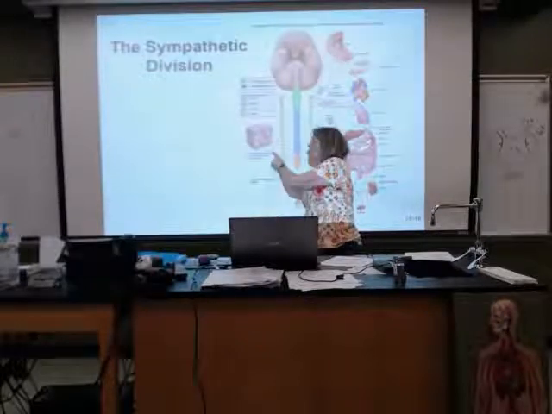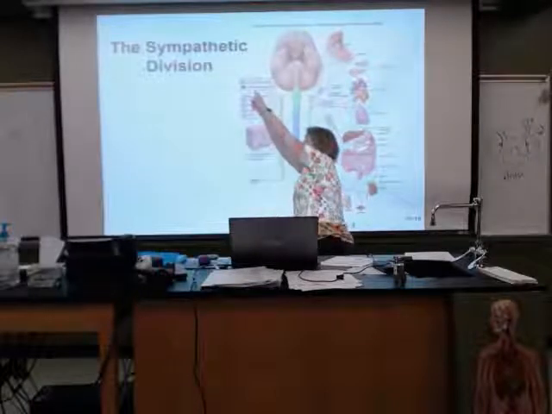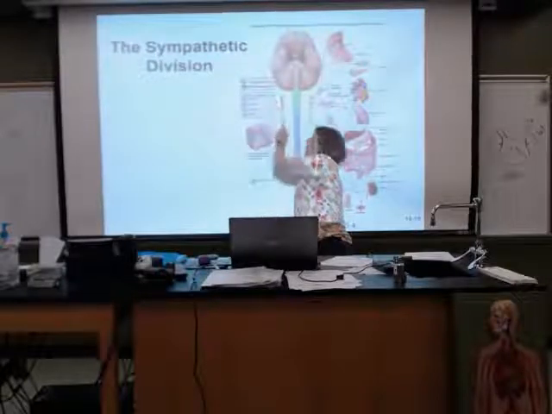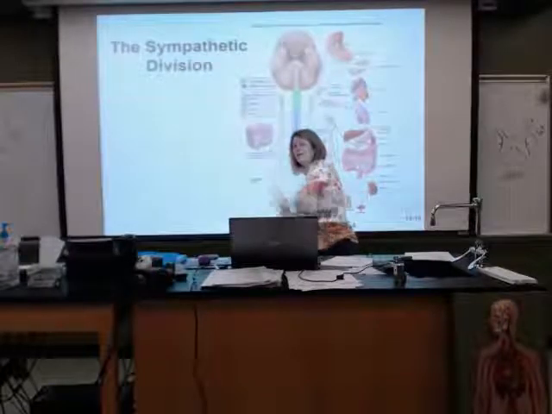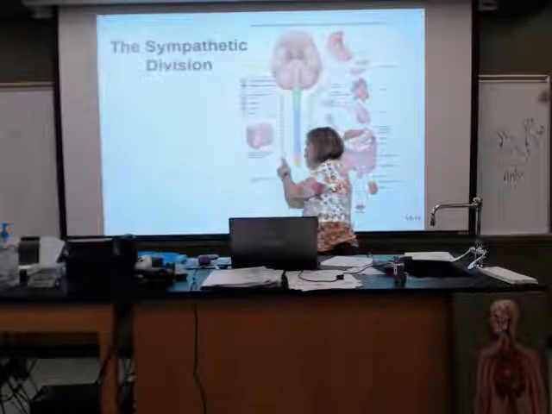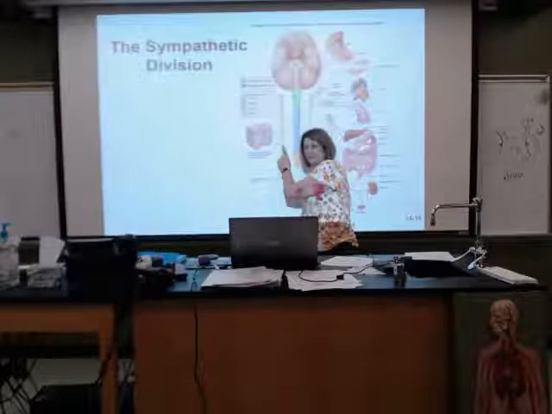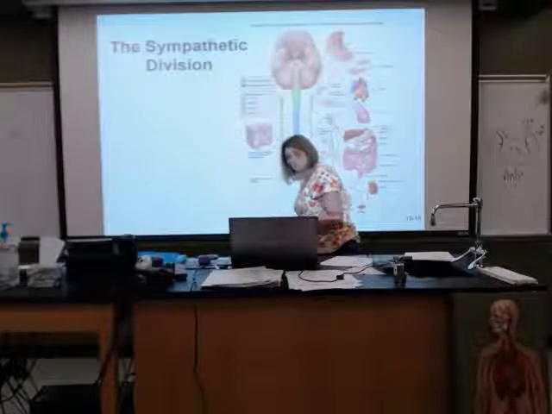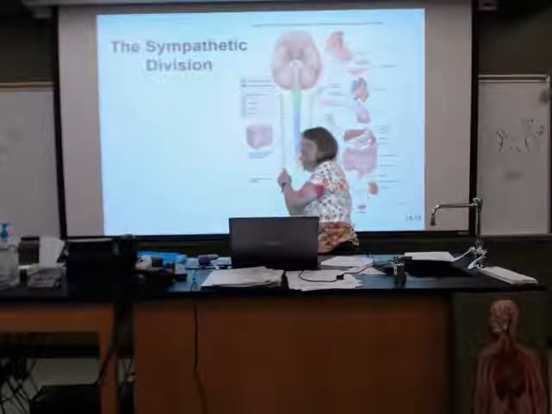If it needed to go to the skin, blood vessels, adipose tissue, and this part of the body, it would move up and travel out right there. Move down, travel out. But my synapses are occurring within my chain. If I'm going to my skin, my blood vessels, or my adipose tissue, that synapse occurs right there in the chain.